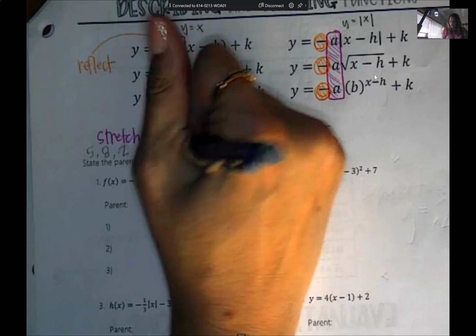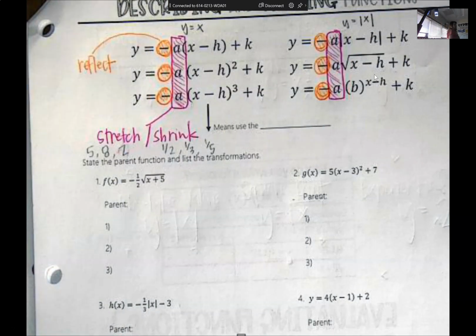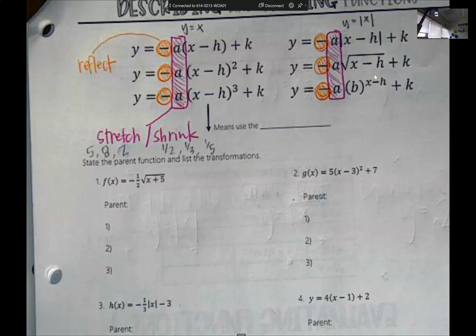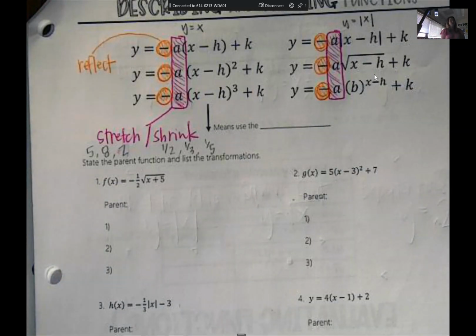If it's a 1/2 or a 1/3 or like a 1/5 or a 2/5 or a 3/5, it's going to shrink your graph. So I remember this one by thinking, okay, a fraction is small, so fraction means shrink, a bigger number means stretch. Are you hanging in? Yes, no? Was that a yes?